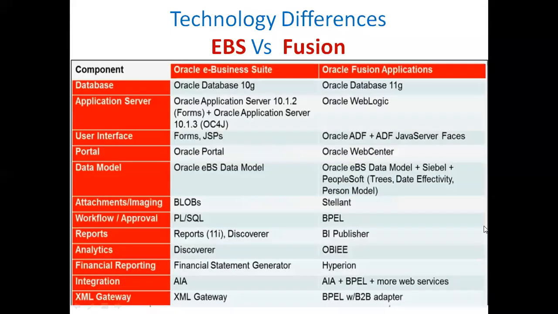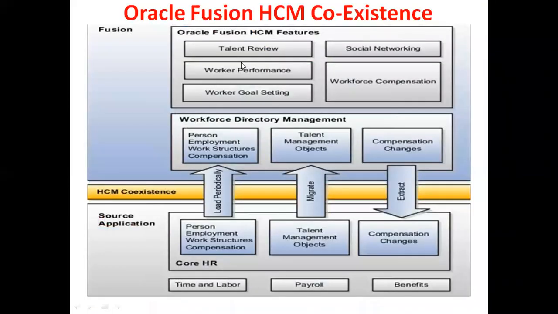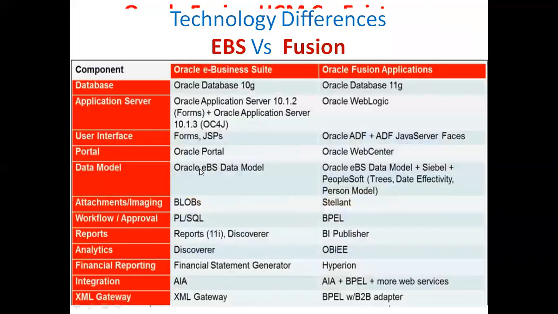And then when we talk about technology differences between Oracle applications and Fusion, most of the things I'll be comparing with EBS, but don't worry, people who are from an EBS background, this information is required. For non-EBS background, you can leave that, not an issue here. If you are new to Fusion, don't worry about it. Okay.